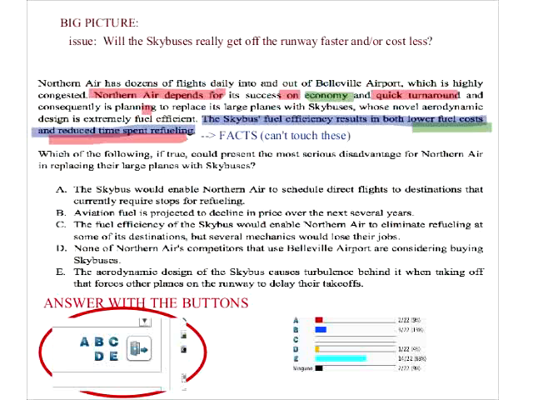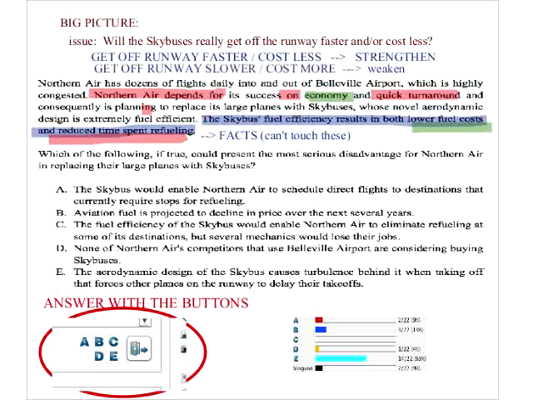If they get off the runway faster or cost less, then that's a strengthening. But if they get off the runway slower or cost more, then that's a weakening.